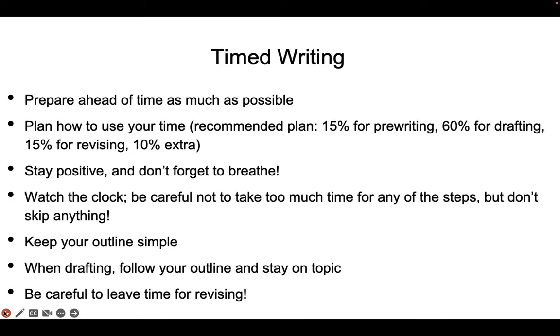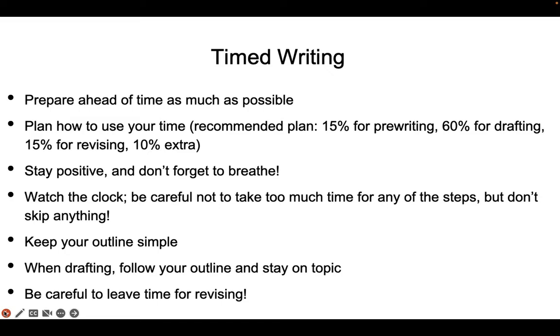Now, let's talk about how to follow these steps during a timed writing test. First, prepare ahead of time as much as possible. If you know what kinds of topics might be covered, write down some possible ideas and try doing practice writing with an example prompt. Plan how to use your time.